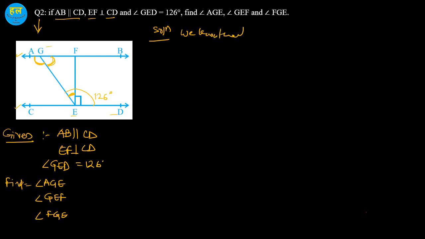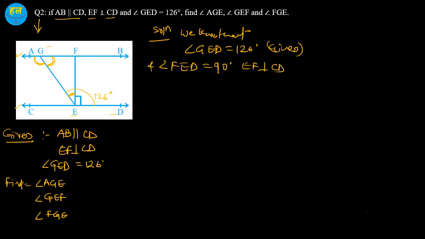We know that angle GED equal to 126 degree. It is given, right? And angle FED is equal to 90 degree because EF is perpendicular to CD. And angle GED is equal to angle GEF plus angle FED.